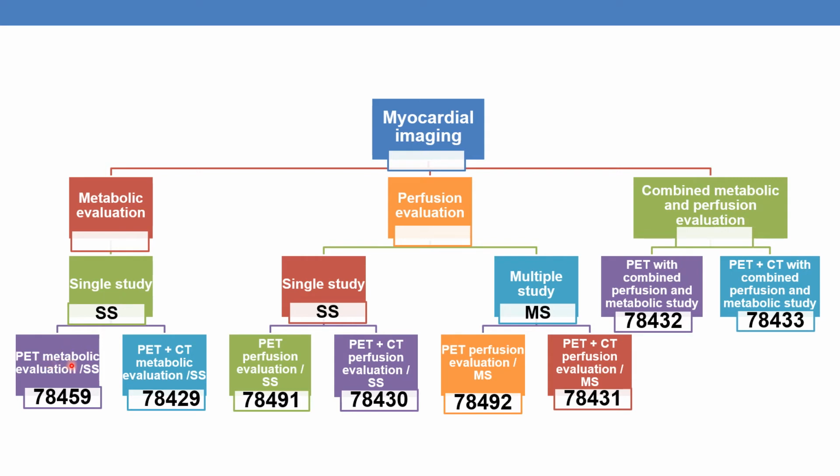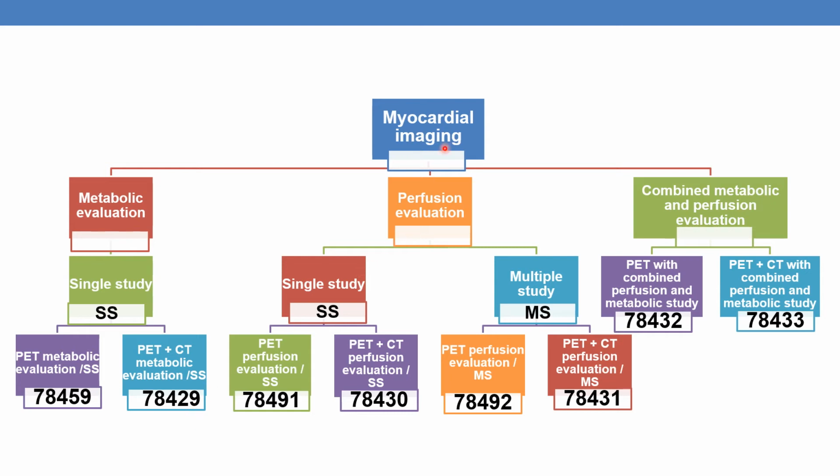Whenever myocardial imaging using PET, metabolic evaluation single study is done, the CPT is 78459. Similarly, when myocardial imaging is done using PET plus CT scan, metabolic evaluation single study, the CPT is 78429.